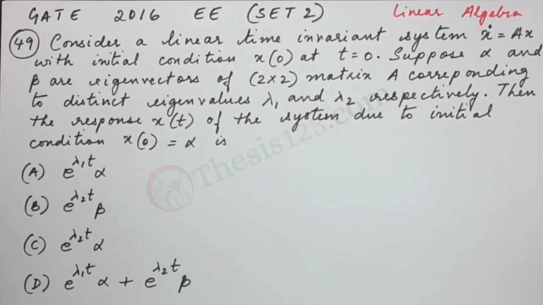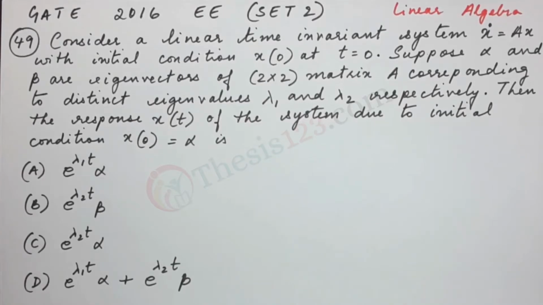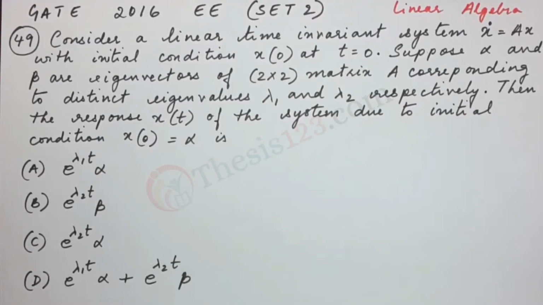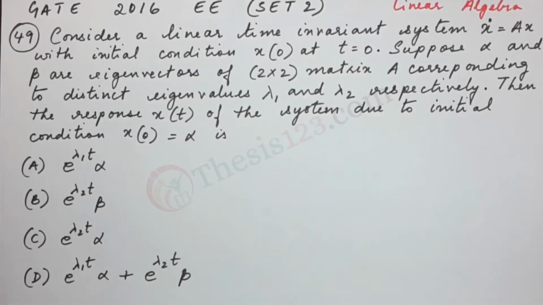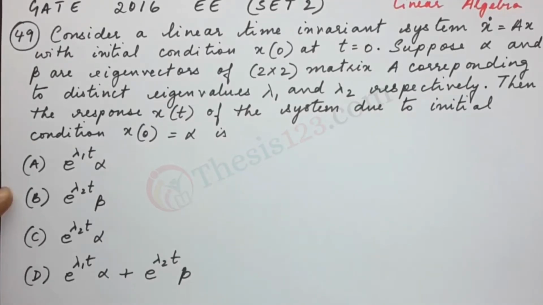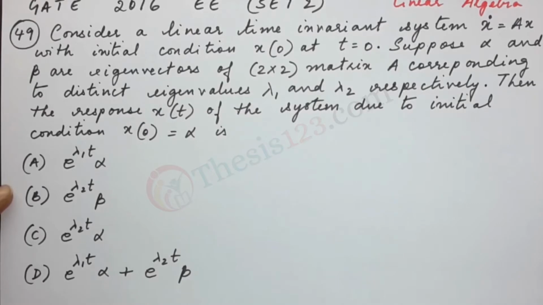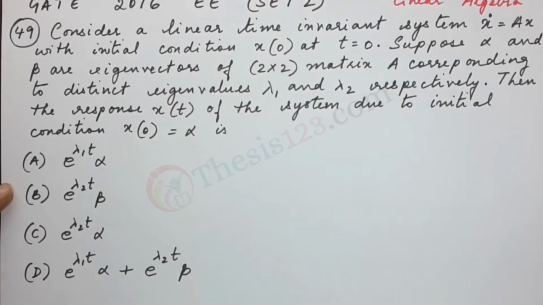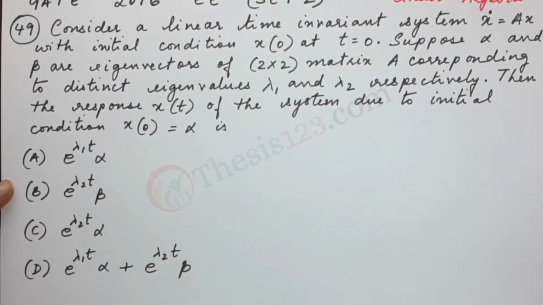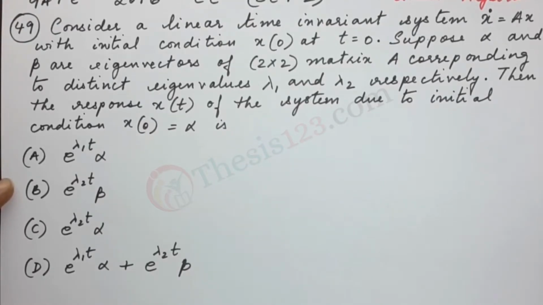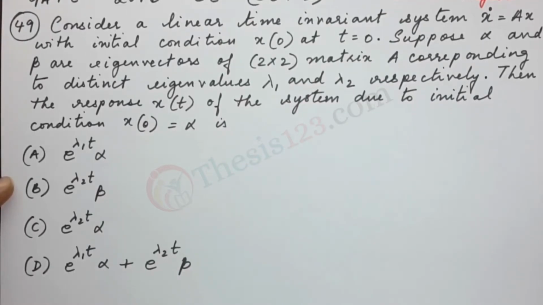Here's the next question, number 49. Consider a linear time invariant system, x dot is equal to Ax with initial condition x of 0 at t is equal to 0. Suppose alpha and beta are eigenvectors of a 2 by 2 matrix A corresponding to distinct eigenvalues lambda 1 and lambda 2 respectively.